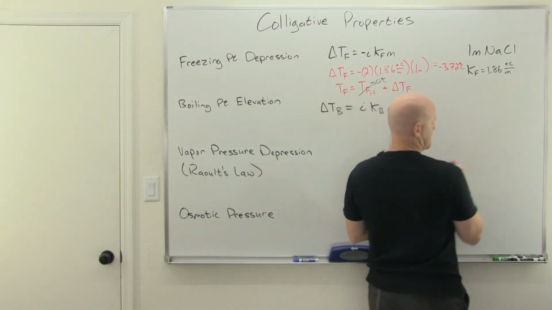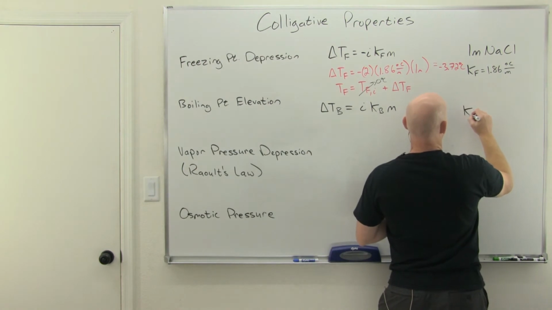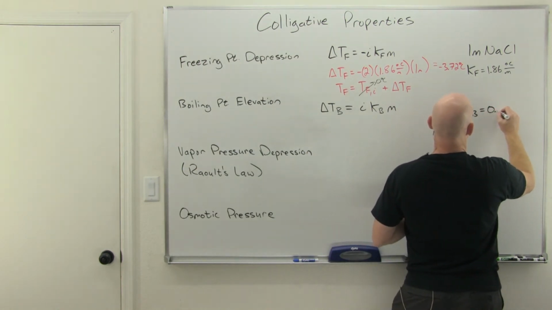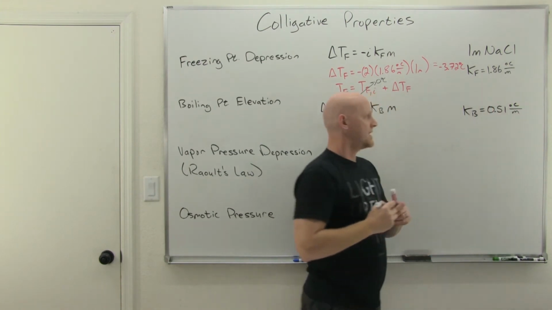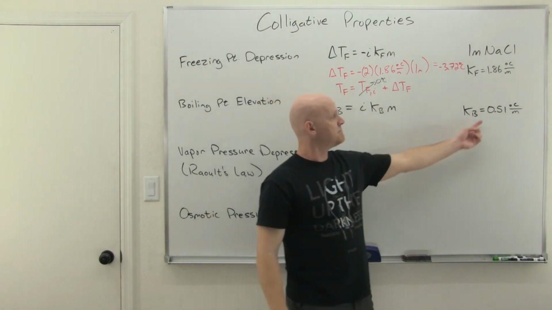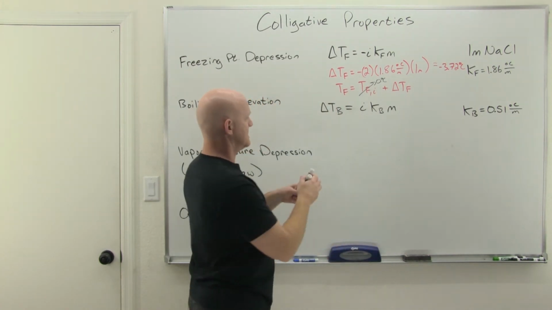All right, we're going to find the boiling point once again for 1 molal NaCl, but the boiling point constant given on your handout there is 0.51 degrees Celsius per molal. So again, that means that the boiling point goes up about half a degree for every molal concentration of dissolved species.